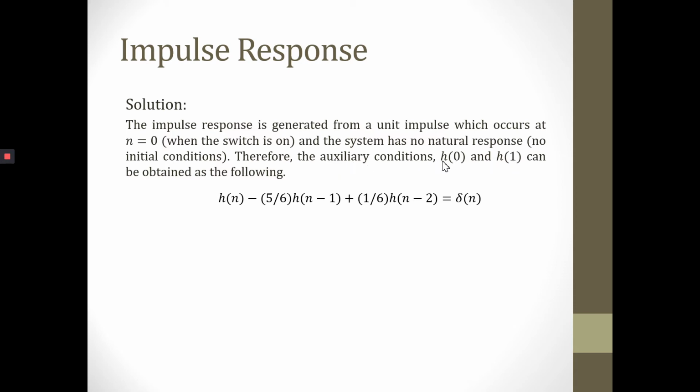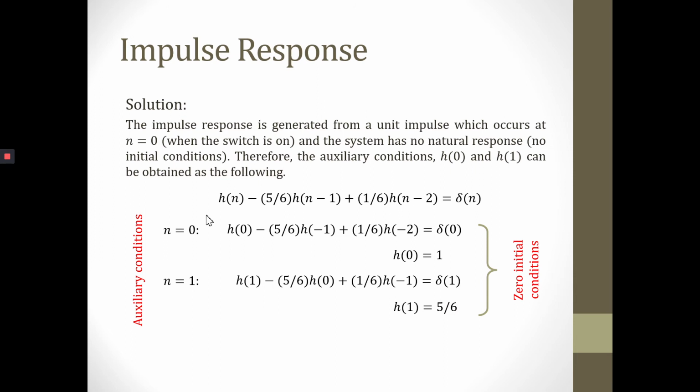In this case, we need to determine h[0] and h[1] using the given difference equation, where we already replace y[n] with h[n] and x[n] with delta[n], the impulse signal. So for n equal to 0, we plug into this equation n equal to 0.